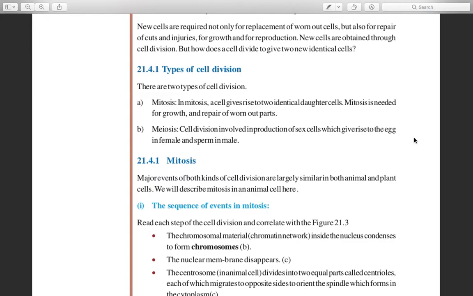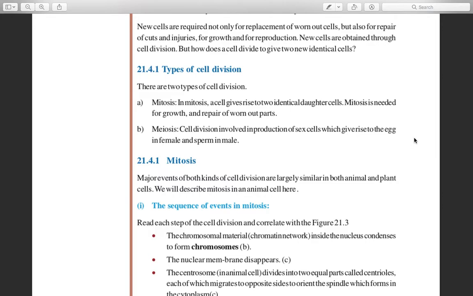And meiosis is the cell division involved in the production of sex cells, which give rise to the egg in female and sperm in male. We know that the sex cells in male are called sperm cells, and in female they are called egg cells. So meiosis is involved in the production of sex cells.